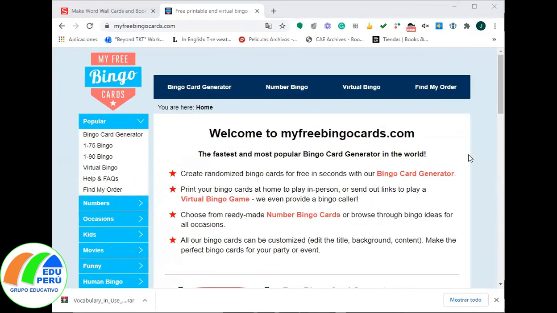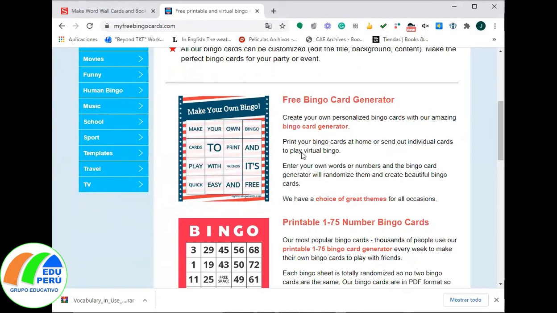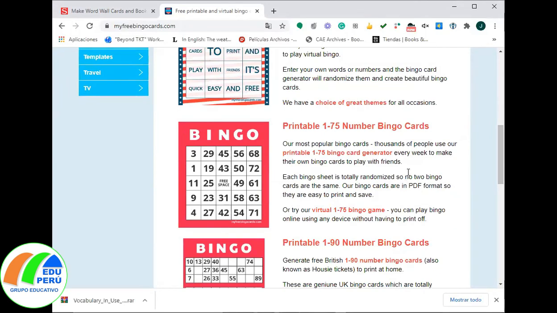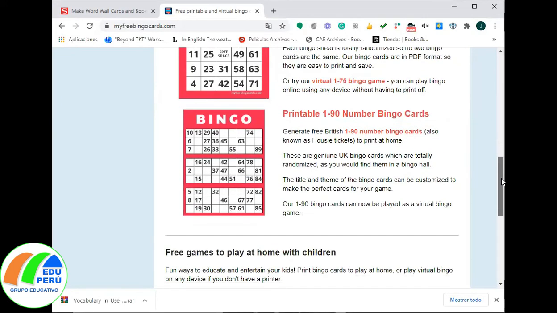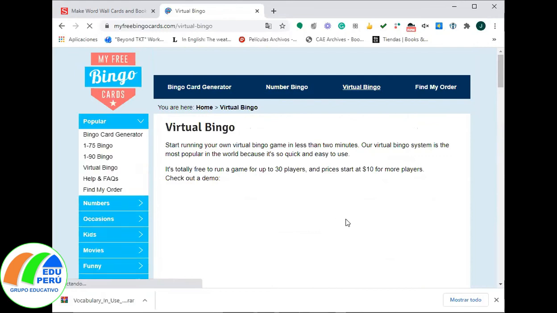So you have the opportunity to create your cards here. Notice, free bingo card generator. You can write the words that you want, all right? Also with numbers, if you want to practice the numbers. And also you can play it virtually here.